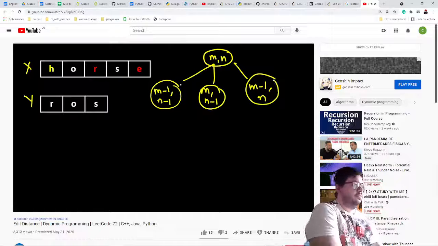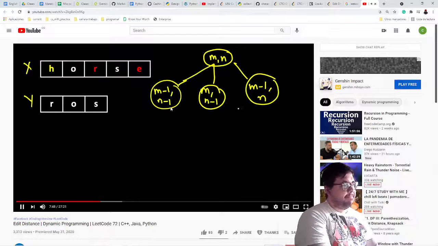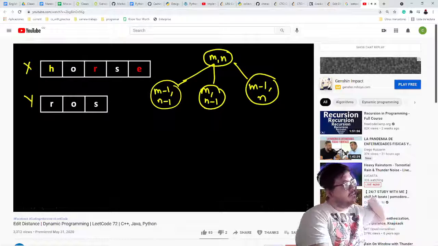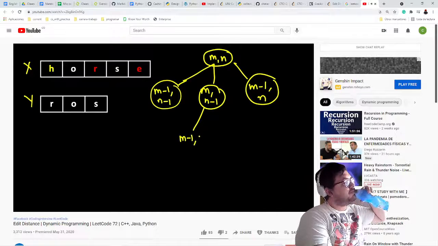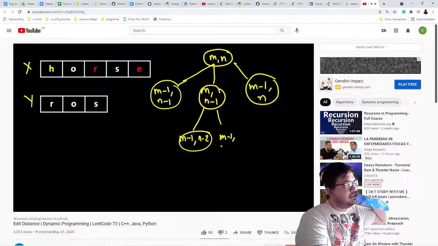These are the 3 problems we need to solve. Now let's look at one of these. Let's say we want to solve this. So for this, again these 3 branches will be there: m-1 n-2, m-1 n-1, and m n-2.